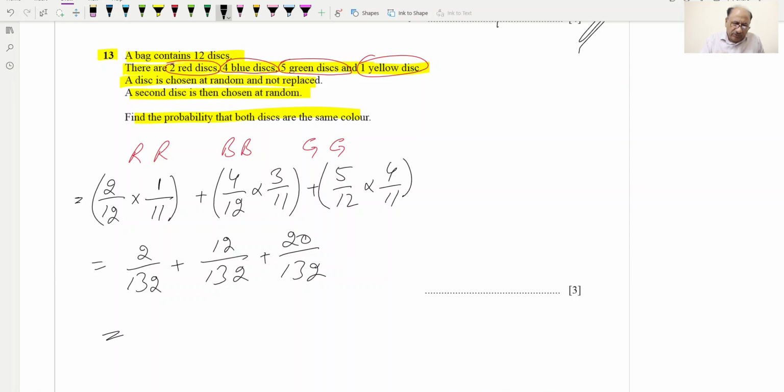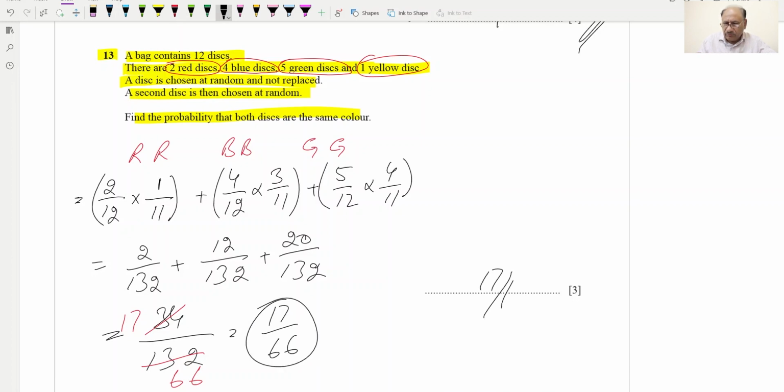So 20 plus 12 will be 32 plus 2 will be 34. So 34 over 132, and further we can cancel this by 2, so 17, and 2 6s are 12 and 2 6s are 12, so 17 over 66. This will be our answer, 17 over 66, and this is a 3-mark question.